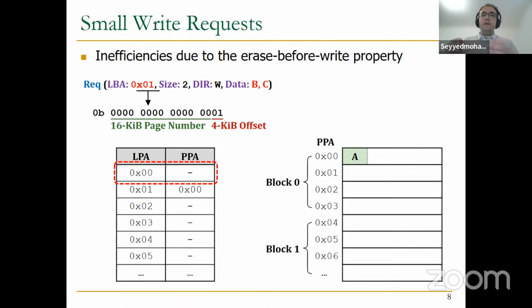So in the mapping table, we can check the LPN 0 and then physical page address. So the FTL suggests the next available physical page address, which is physical page 1. And then we write B and C exactly aligned to the offset that we have, right?